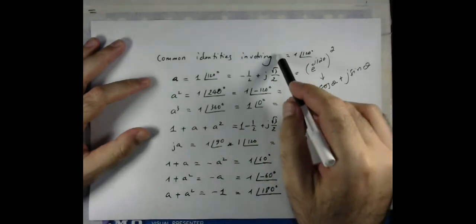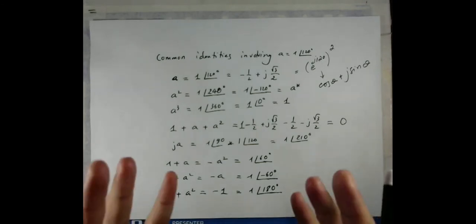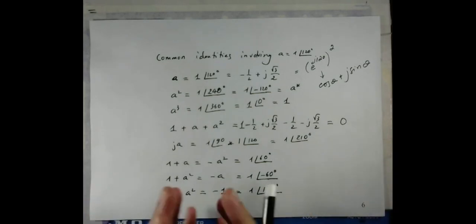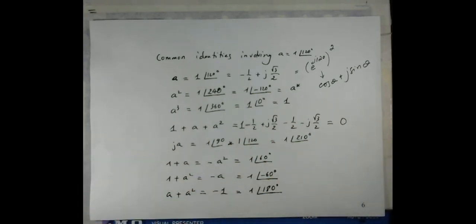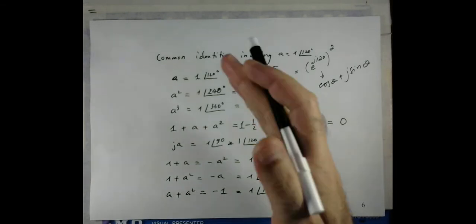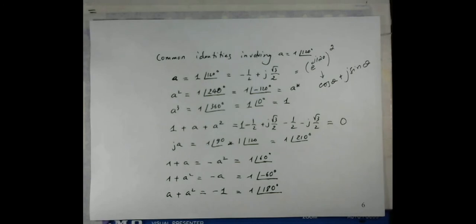These are basically some common identities that will be used later on when we analyze networks exposed to unbalanced faults. To get the information about the currents and voltages, these identities will be used.